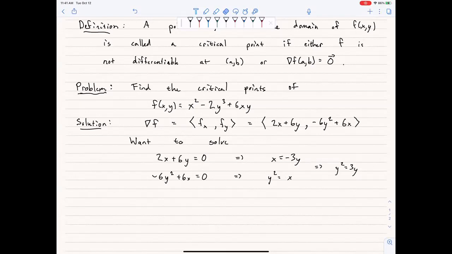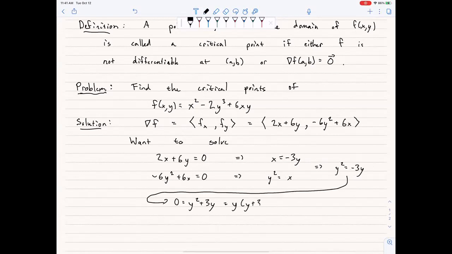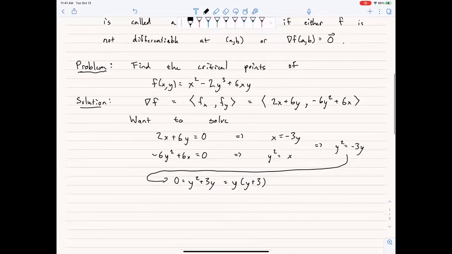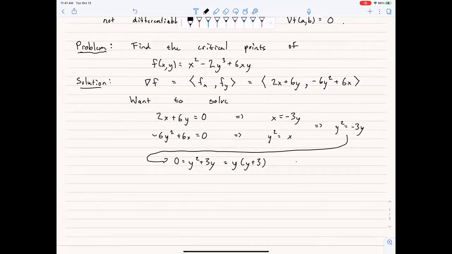I heard some grumbling there. So this should be a minus 3y, pardon me. Okay, good. And now we can continue and just say, this is y squared plus 3y equals 0, which equals y times (y plus 3), which means I have two solutions for y. I have y equaling 0, or I have y equaling -3.